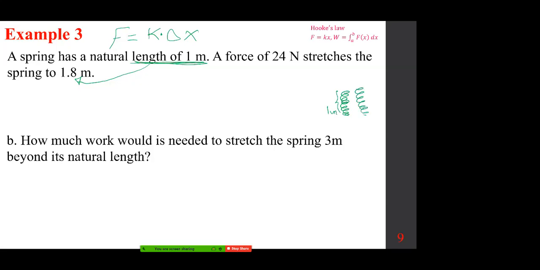So now, normally it's 1 meter. We have stretched it hard enough to go to 1.8. What matters is the difference between the two, okay? I can't emphasize this enough. So F equals Kx, that's the formula we use, but remember in physics it is delta X, the change, which is 0.8 in this case, okay?